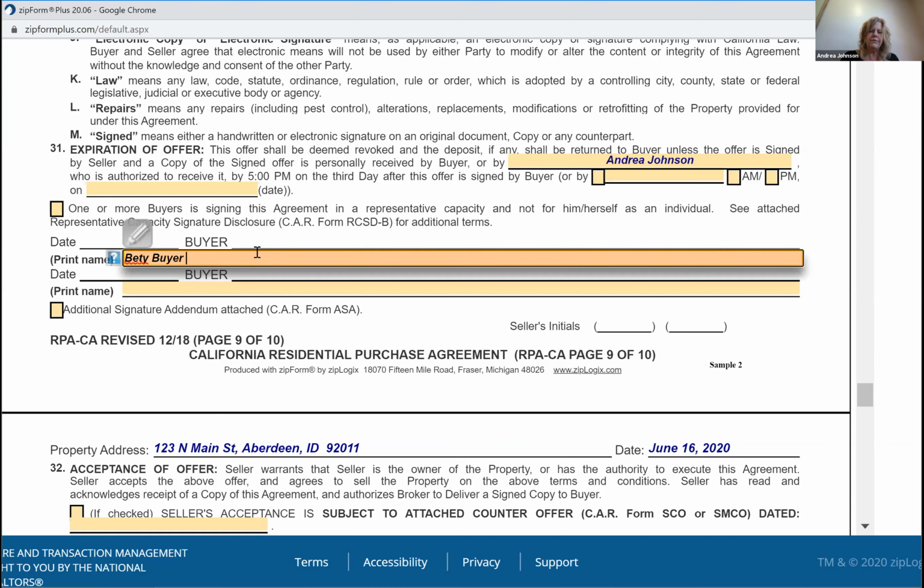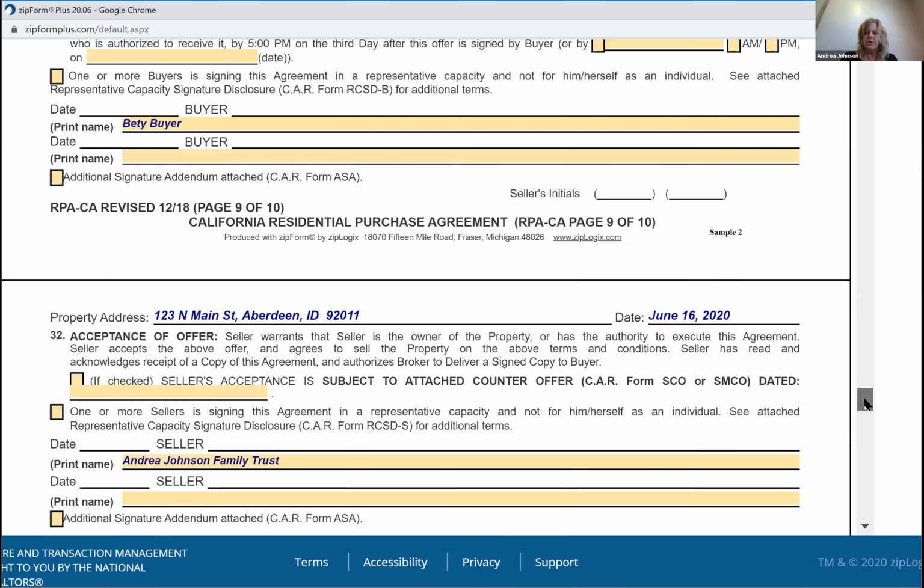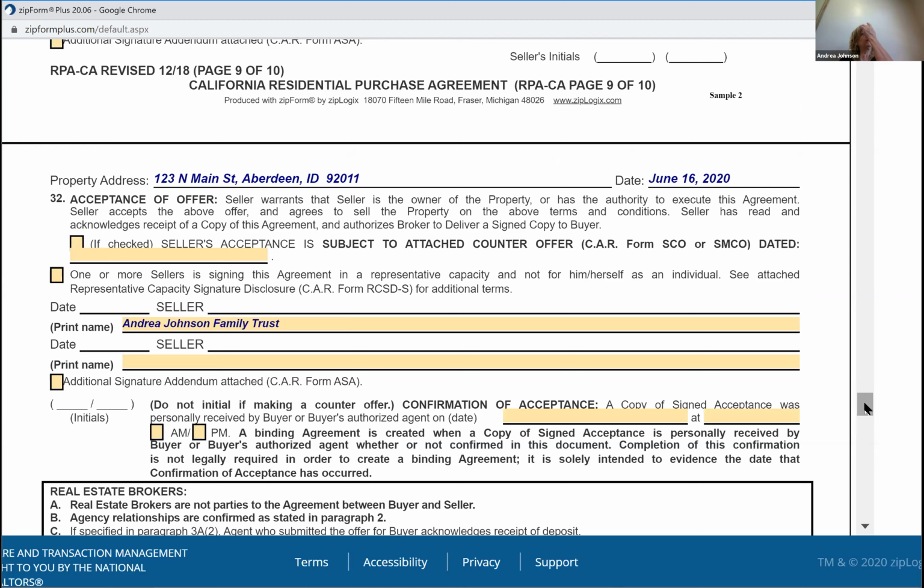Okay. If you're preparing the offer and you've noticed that the property county record shows that the property is held in the Andrea Johnson Family Trust, you don't check this because you're not the one filling out the RCSD for the seller.